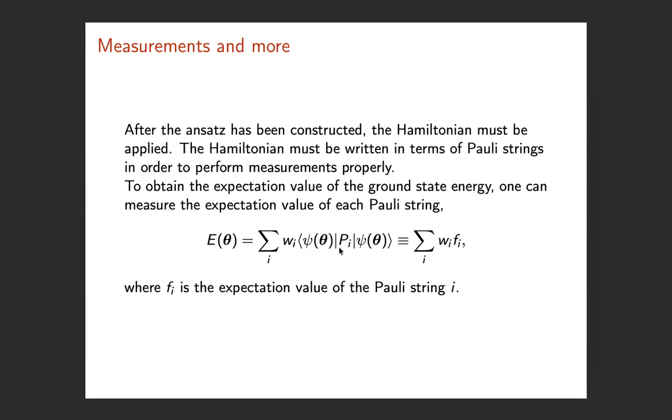With this P of i, which you see here, is now a set of Pauli matrices. It could be just a Pauli X or Pauli Y, but you would have to make then the measurement in your computational basis.